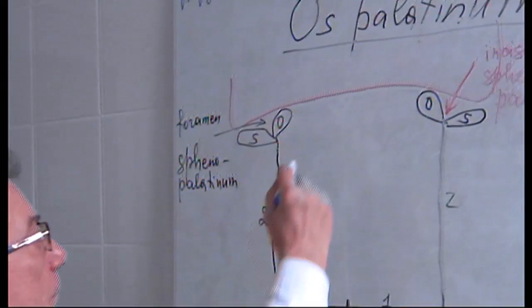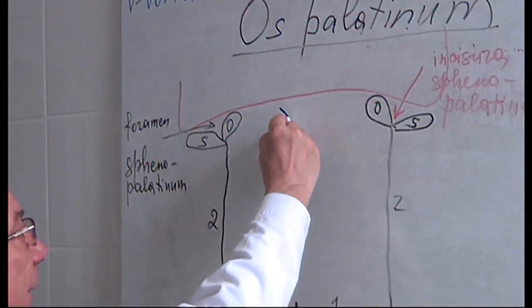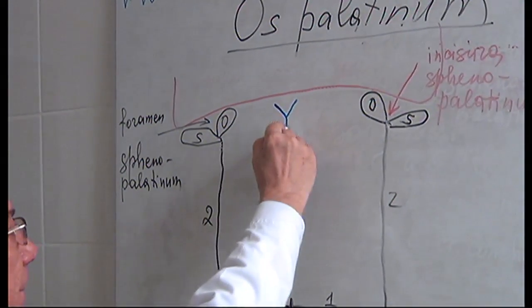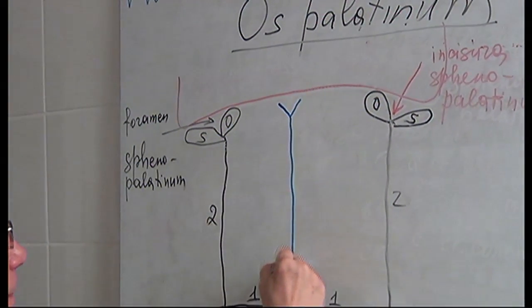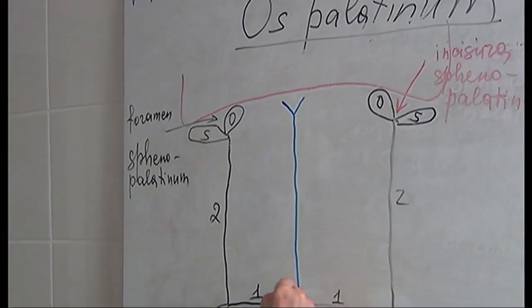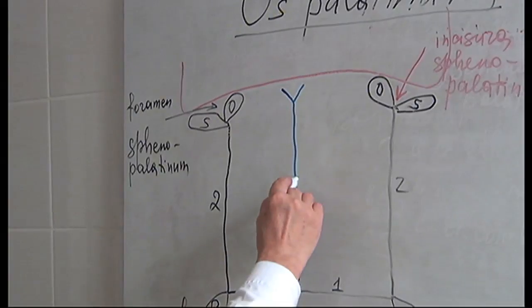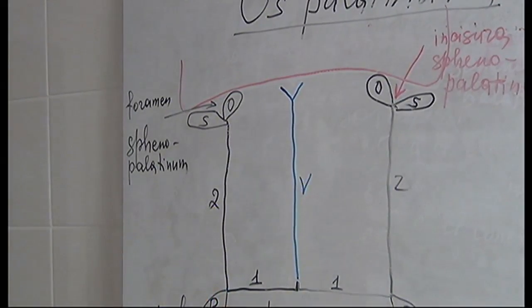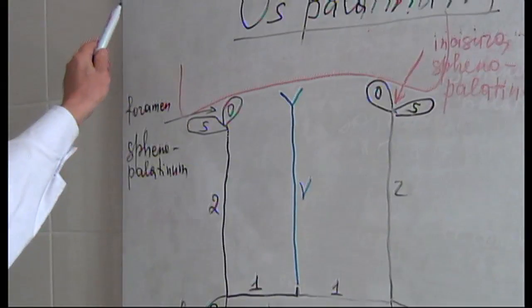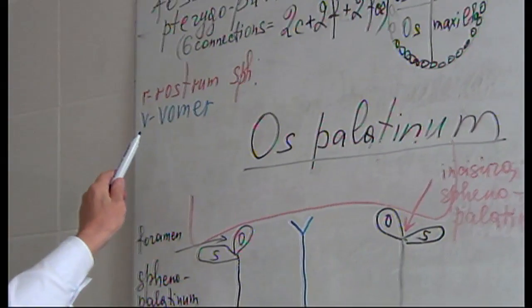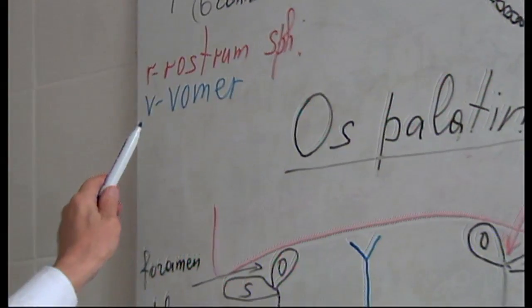I'd like to demonstrate it in our scheme. Here it is. What is it? It's the letter V, it means vomer. V, vomer.